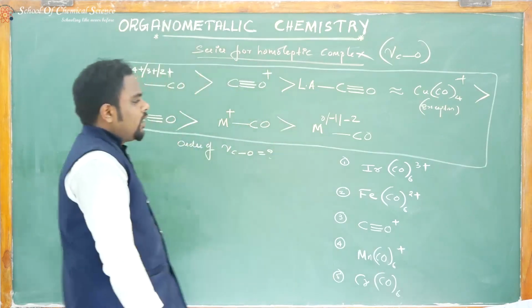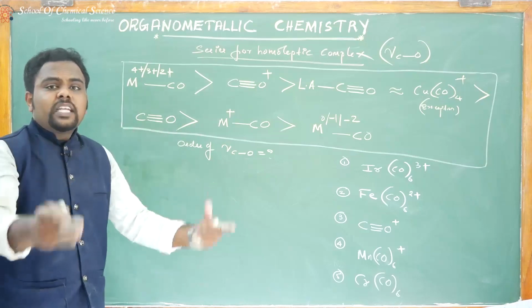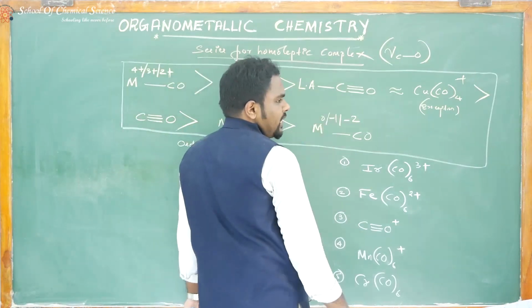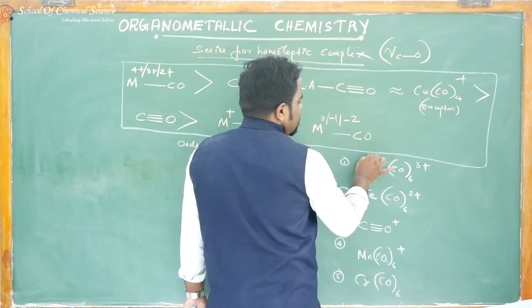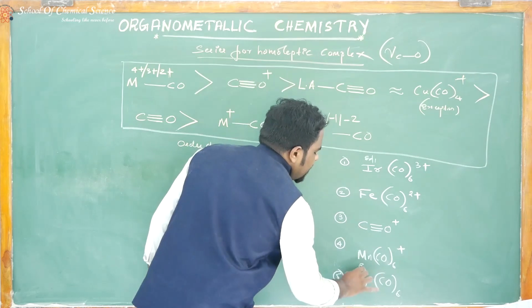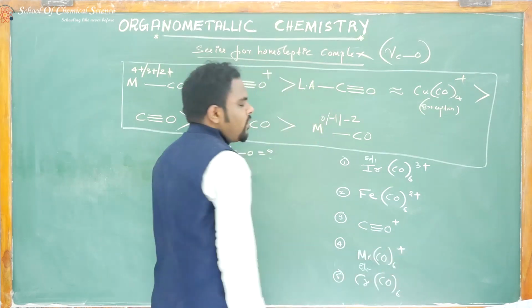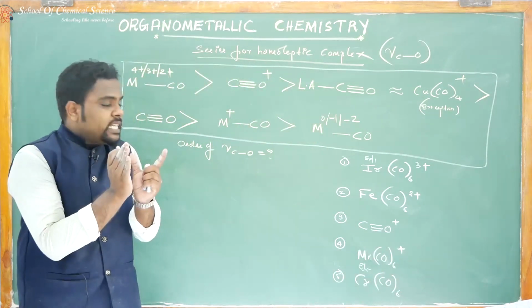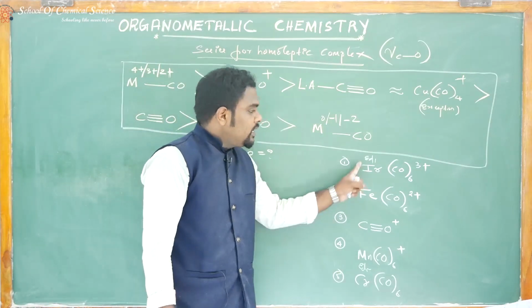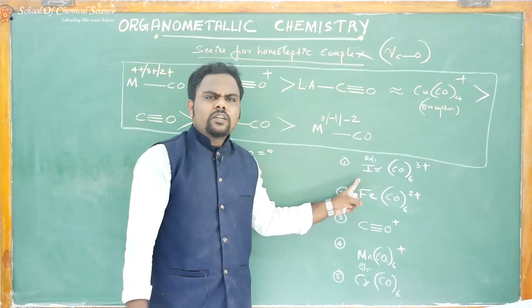You know, higher the positive charge, low electron density. Suppose this is having electron density 1 and this is having electron density 5. Here metal in 0 oxidation state. In which case metal having high electron density? Here high electron density, here low electron density. Why low electron density?